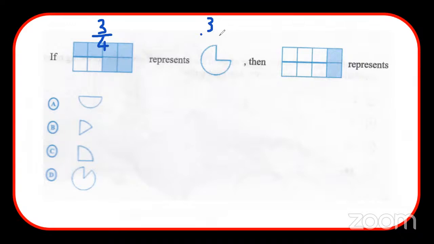So we can look at it like that. The shaded portion is what will represent the next shape. So if we look at this shape here, the same rectangle, we've got 2 out of 8 parts shaded, which is 2/8, which is the same as a quarter. Let's write that.